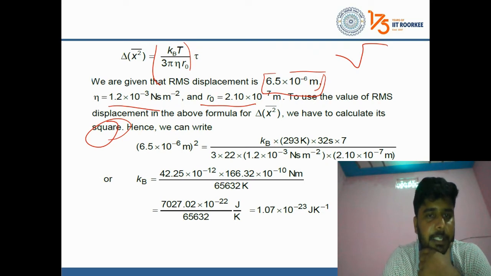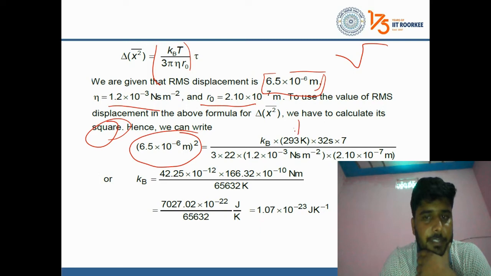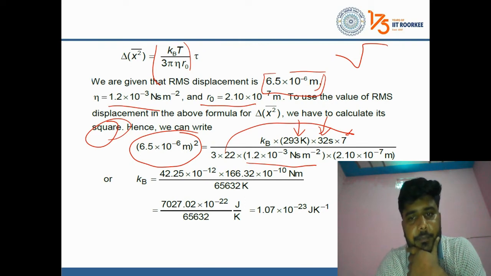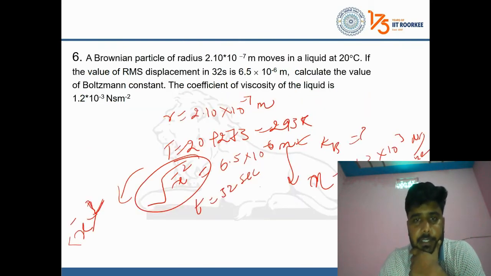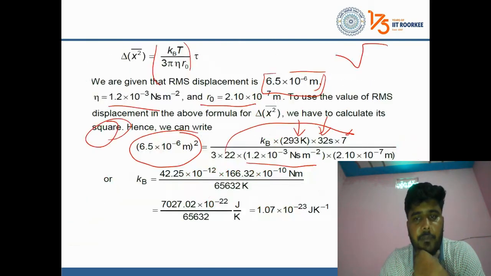So we can write here the square is equal to kB, temperature value 293, and the time is 32 seconds. So 3 into pi is equal to 22 by 7. So this 7 is above, and eta is 1.2 10 to power minus 3 Newton second per meter square, and for R value is given here 2.1 into 10 to power minus 7 meter.